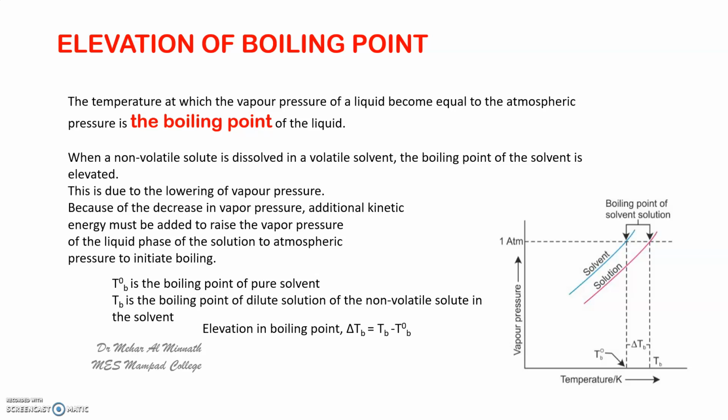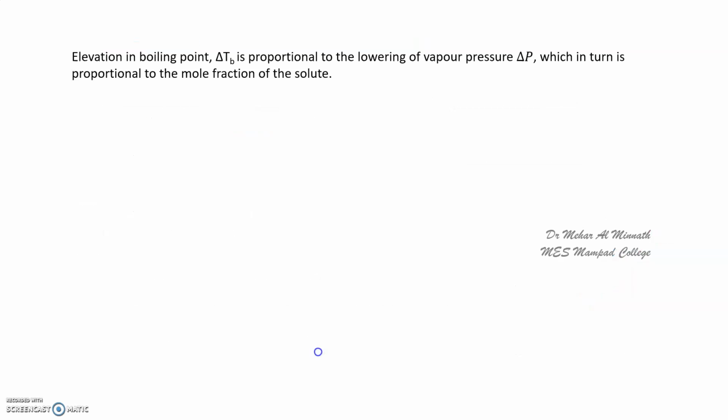Now how do we say it is a colligative property? We know that a colligative property is that property which depends upon the number of solute particles. Let us see. The elevation of boiling point delta TB is proportional to the lowering of vapor pressure.